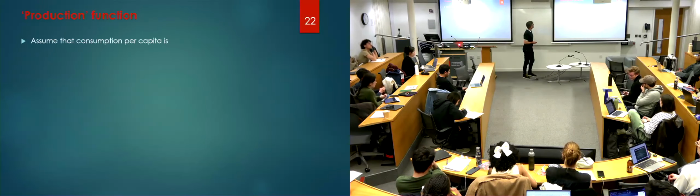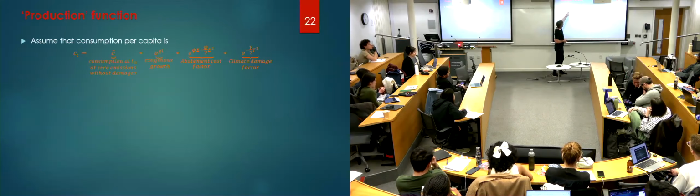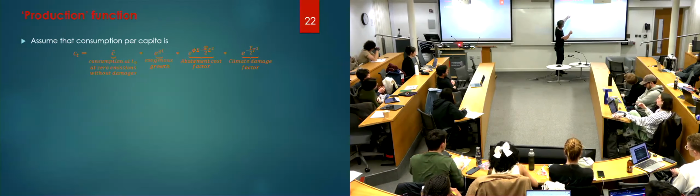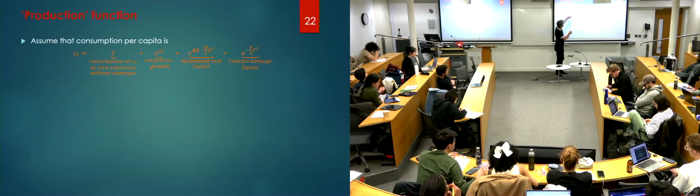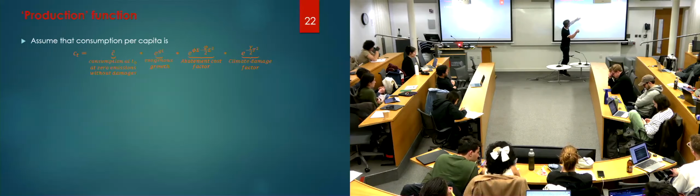So here is what we have. I'm sorry that the orange is actually not that visible on a computer screen compared to a big screen. Anyway, here it is. So consumption is a constant. That is consumption at time zero with zero emissions, and in the hypothesis that there would be no damages. Then this goes up at 2% per year.